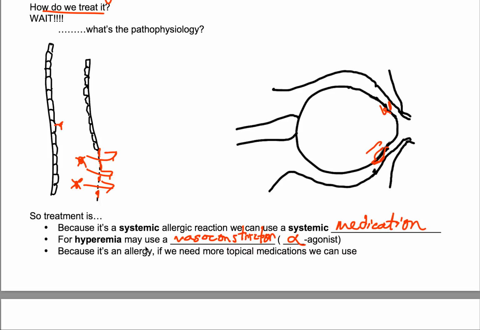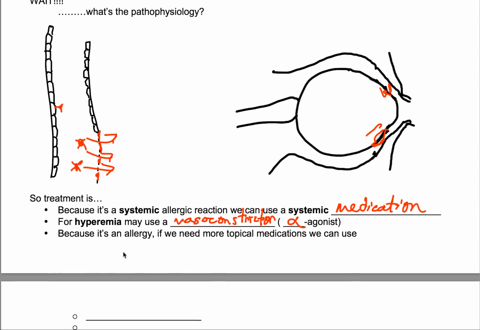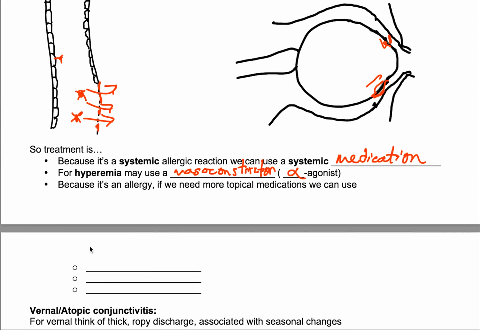However, that's sort of treating the external symptoms rather than the actual cause. And if we want to address the allergic reaction more directly and kind of stop it in its tracks, we can use NSAIDs, anti-inflammatory medications. We can use H1 receptor antagonists. And even topical steroids may be employed.